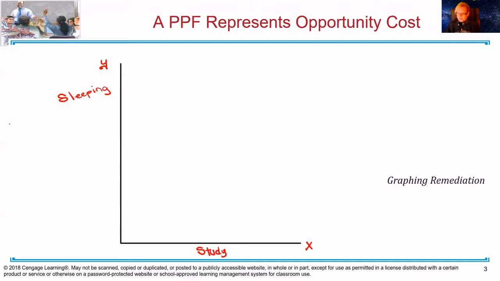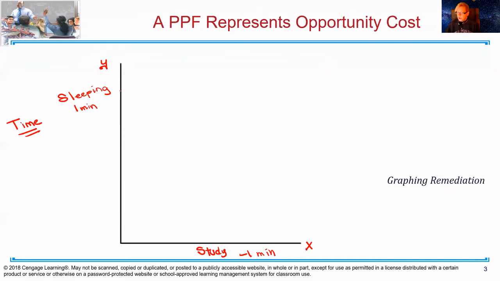So what is our factor of production here? Our factor of production is going to be time. It is a constant, and it doesn't matter what you're doing. So for example, 1 minute sleeping means you have 1 less minute to study.